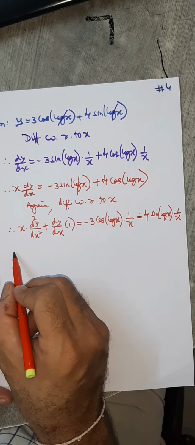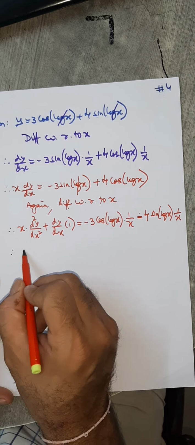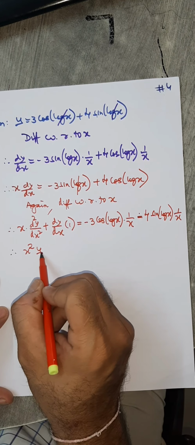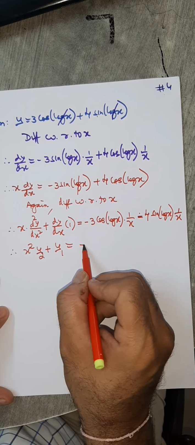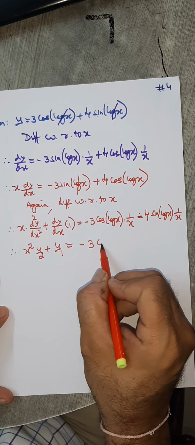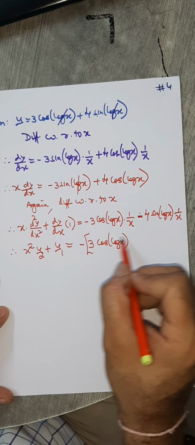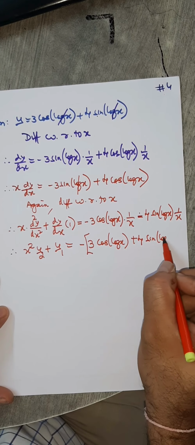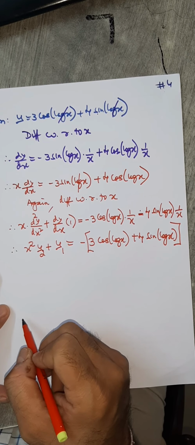Again you take x over here, this x will come this side, so this is x square y2 plus y1 equals minus 3 cosine log x, I'll take minus common, so inside the bracket you will get plus 4 sine of log x. Now look at the bracket carefully. What is this bracket?